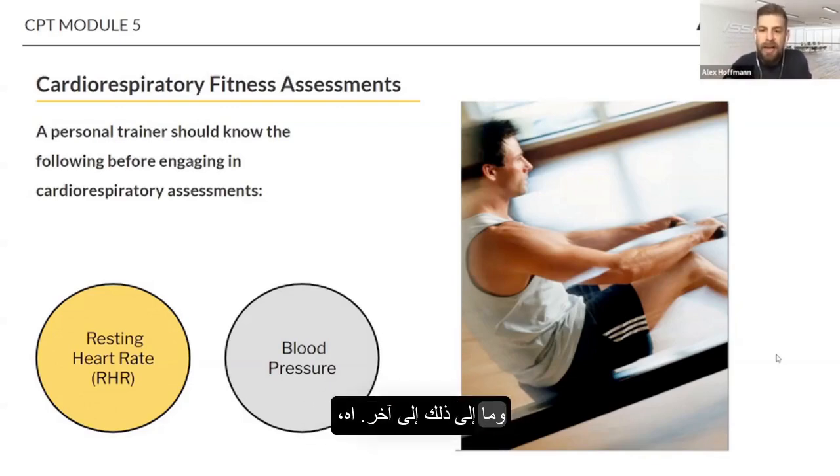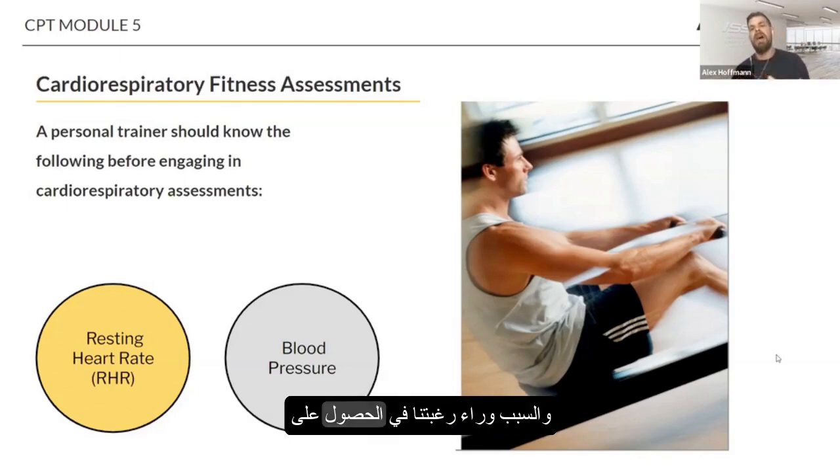But things like a 12-minute run-walk test or a 1.5-mile run-walk test, etc. But before we conduct those cardiorespiratory fitness assessments, we want to make sure that we're getting our clients' resting heart rate, and we're also taking their blood pressure as well, or they've had their blood pressure taken and it's within a normative range prior to conducting that cardiorespiratory assessment.